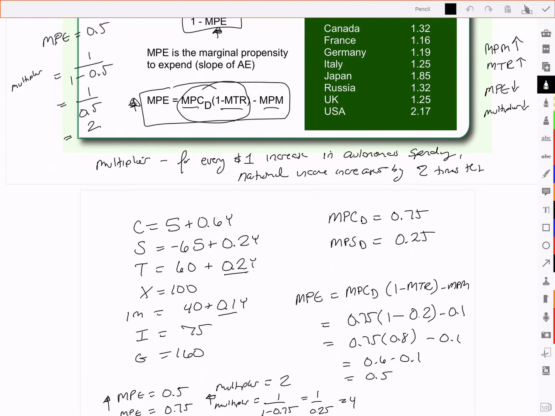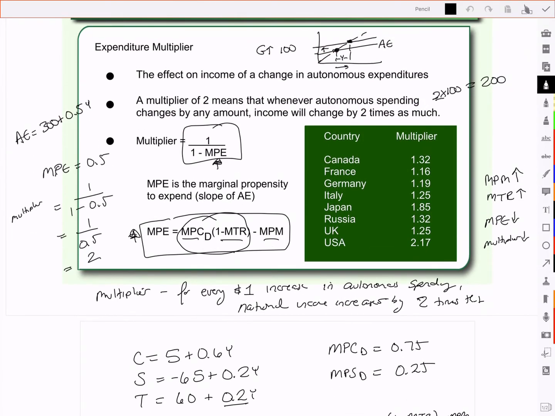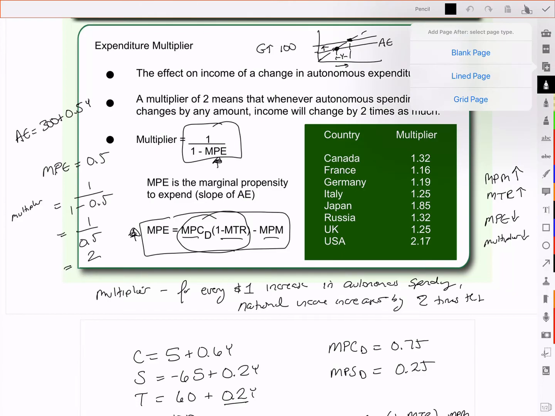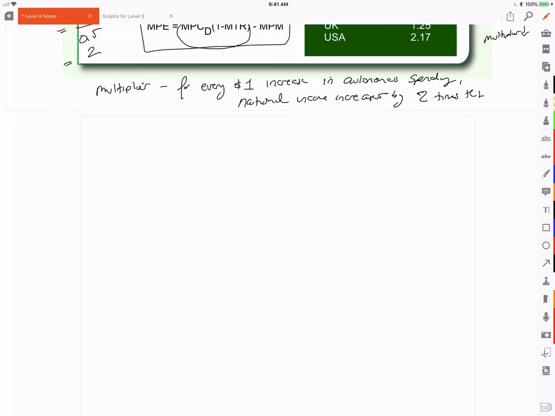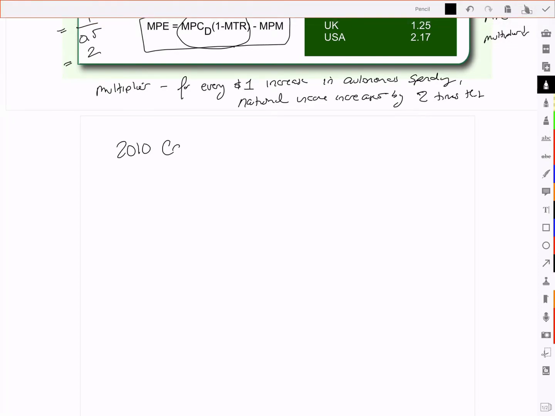Now, let's look at some application of this multiplier. Perhaps you've heard about the Canadian Action Plan. So the Canadian Action Plan goes back to 2010. And in 2010, the federal government decided to spend $60 billion to stimulate the economy. So the question is, how did they figure out $60 billion was the amount to spend?